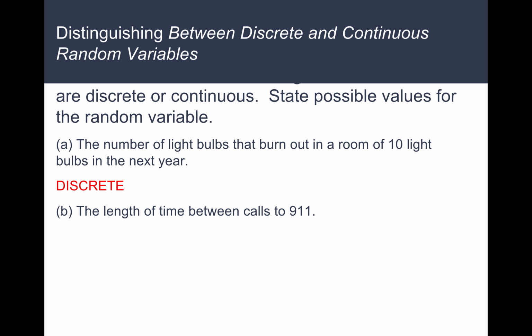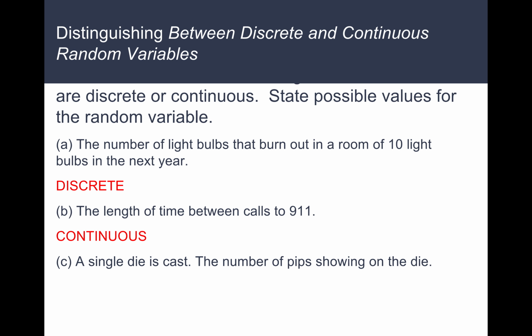Well, it's not going to be a finite value, and I cannot count it. It's a measurement, and that would be continuous. Last example, when a single die is cast, the number of pips shown on the die, those are the little black marks on the die, can be any number from 1 through 6, so that is countable, and that would be discrete.